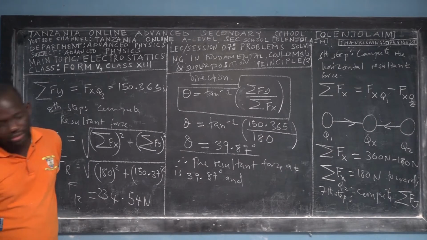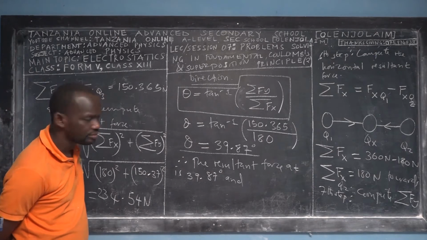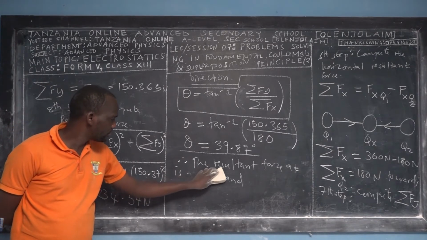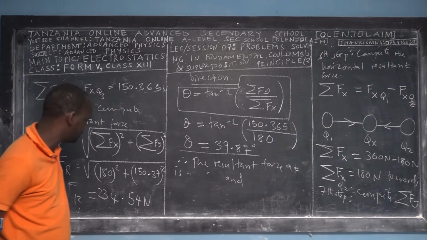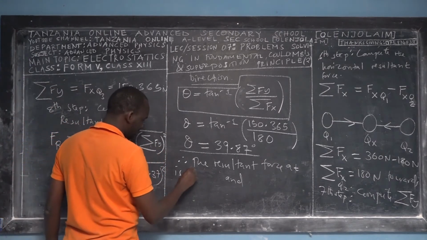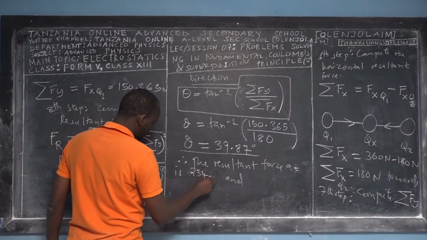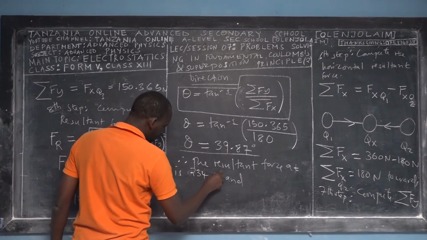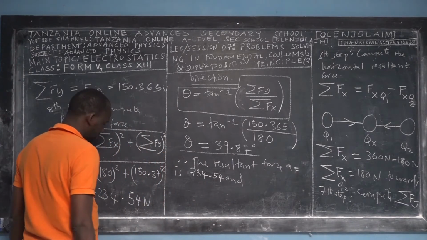Find the resultant force at x. So in our angle at x, first of all we introduce the force. So it should be 200 at 4.54 Newton.